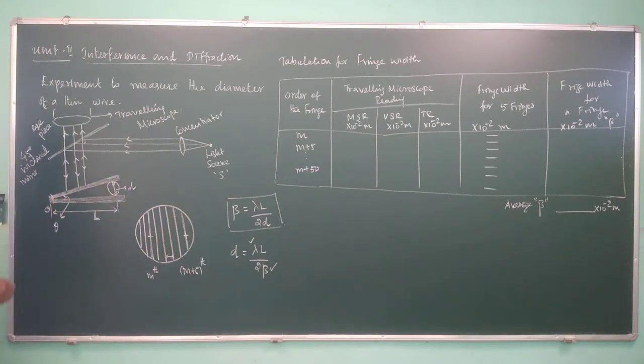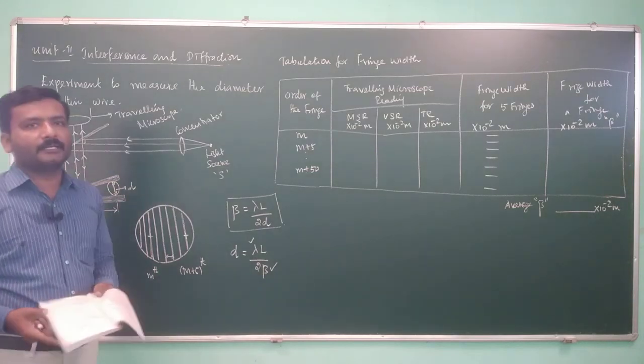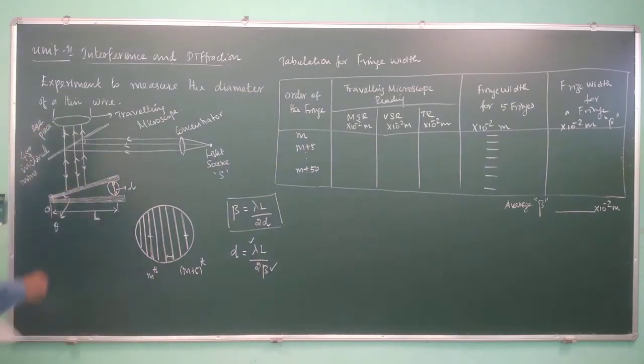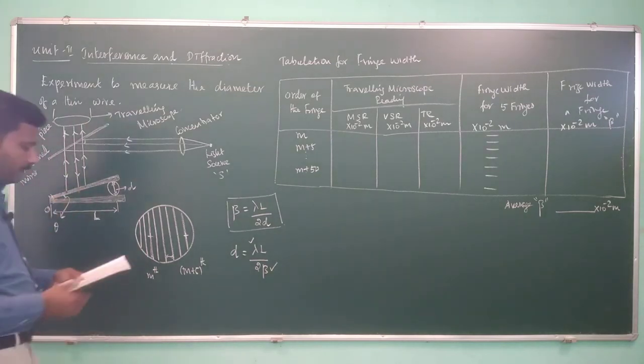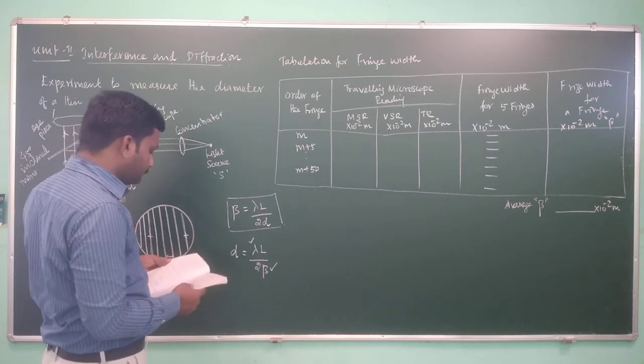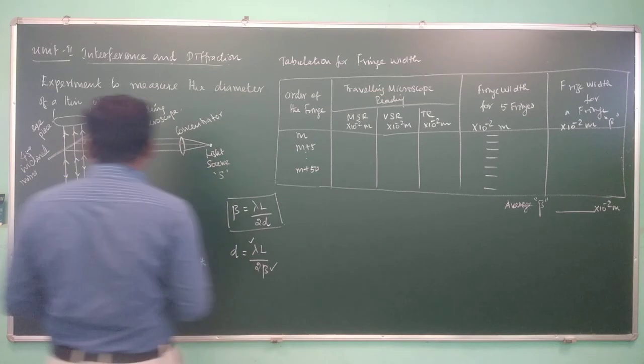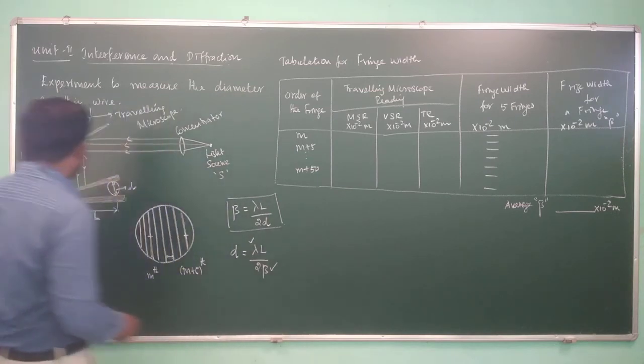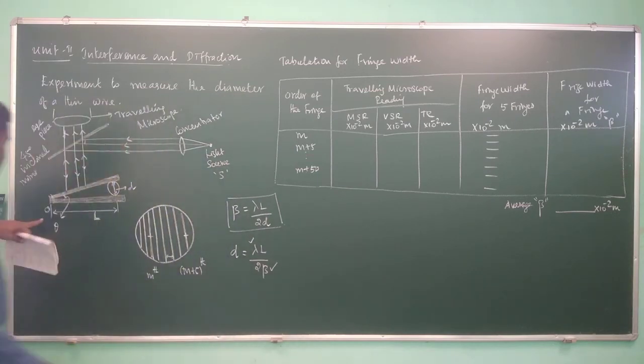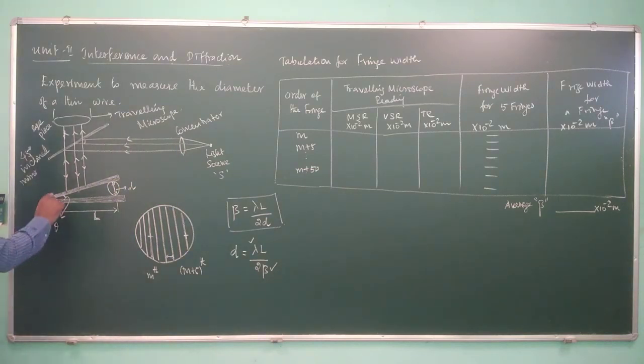This we have calculated using the traveling microscope itself. What we can do is take up this air wedge, and first we measure the traveling microscope reading for the position of the edge of intersection, and then the position of the wire.